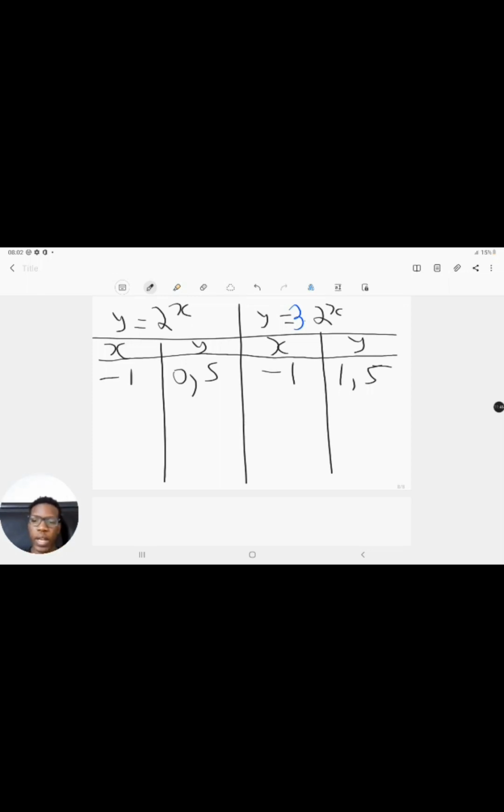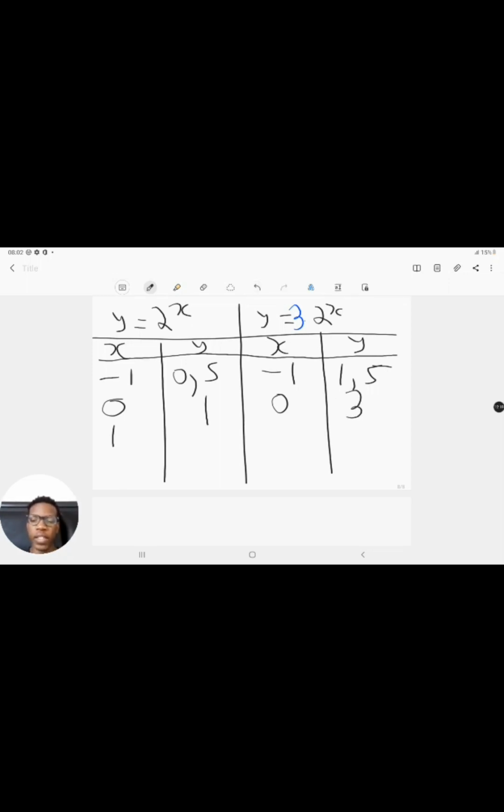Now, what would happen if x is equal to 0? Well, y would be 2 to the power of 0, and you will agree with me that that's 1. If x is equal to 0, then y here is equal to 3 times 2 to the power of 0, which is 3 times 1, which is 3.